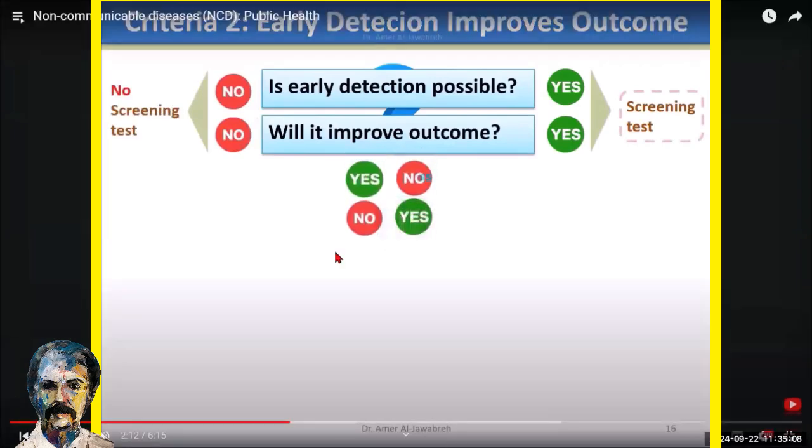Sometimes you have a combination: yes for the first, no for the second, or vice versa. In any of these cases, we call this lead time bias, and we don't go for screening. If we can detect but cannot help the patient, there is no need for this.